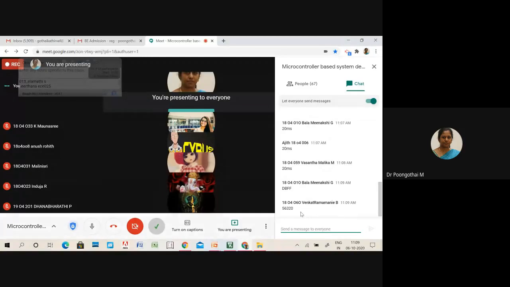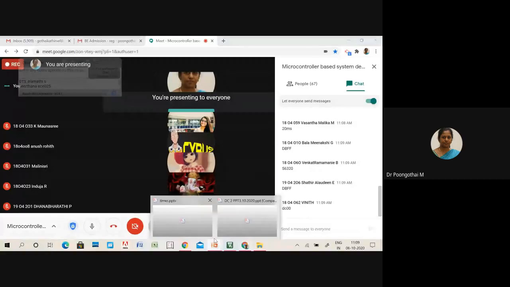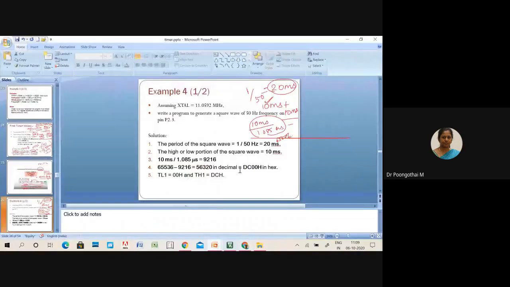You convert that value into hex because the hexadecimal value should be loaded into the higher order and lower order register. I think DC00 is the correct answer. 10 millisecond divided by 1.085 microsecond gives 9216.